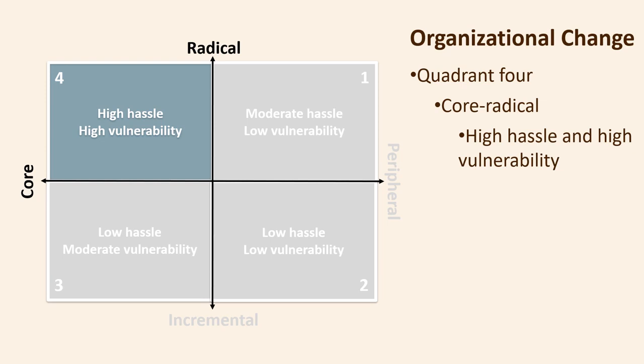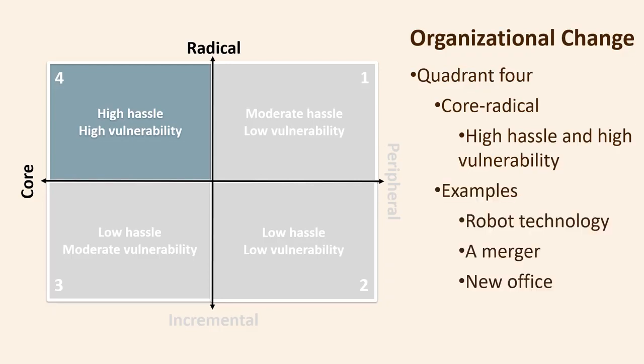The hassle factor is probably high. Timescales and budgets are likely to be critical. The changes are likely to involve irreversible long-term commitments. The penalties for error will, therefore, be high. The personal vulnerability for the change agent is thus likely to be correspondingly high.